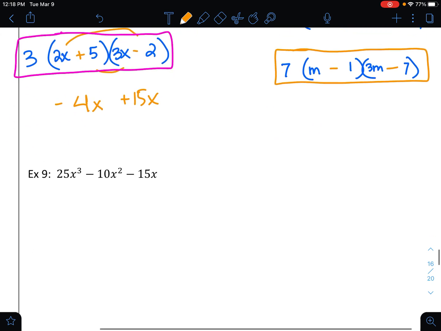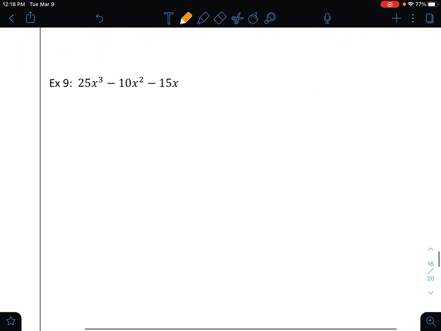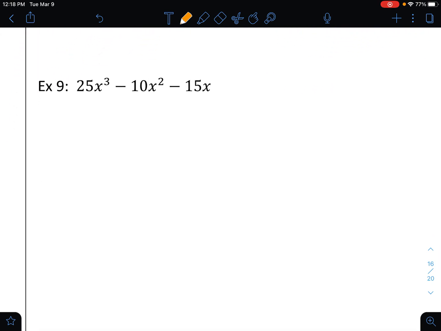Okay, I'm going to get you started on 9, and then I want you to pause the video and finish it. So our GCF this time has a number and a letter. So my numbers, 5 is probably the biggest number we can use. And do you see how they all contain at least one x? Okay, so we need to divide 5x out of all three terms.